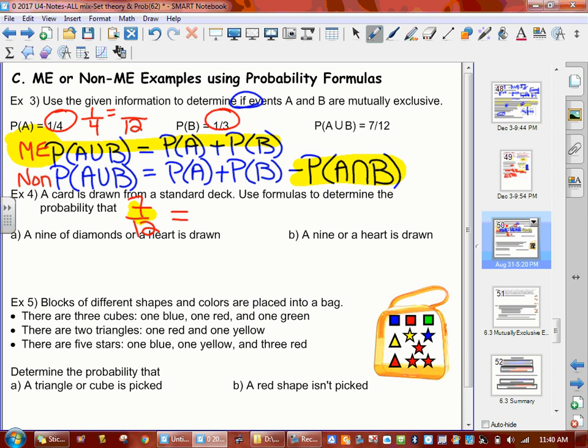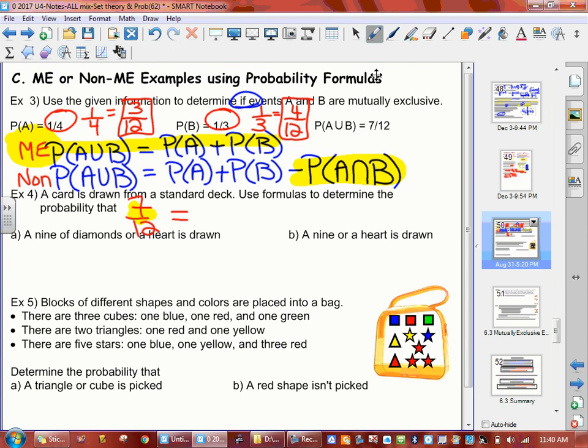What would it become over 12? If you're not sure, cross multiply and divide. What do you multiply by 4 to get 12? 3. So you're multiplying 1 by 3, which is 3. So this becomes 3 over 12. 1 over 3 becomes what over 12? 4 over 12. Good.